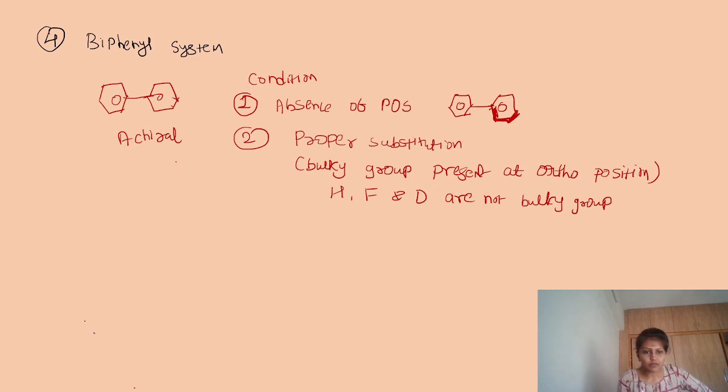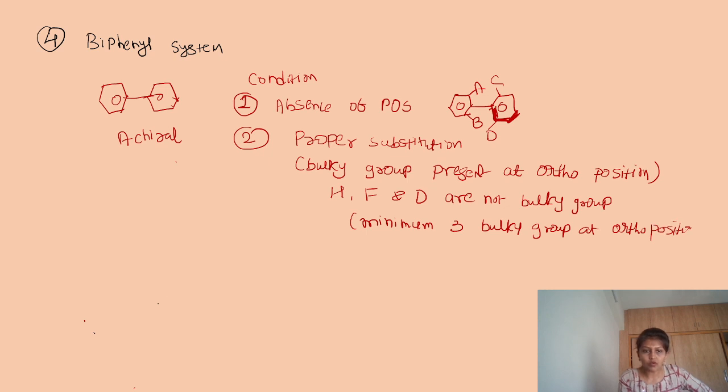suppose I am thinking this is your molecule, right? So suppose this is A, this is B, and this is C, and this is D. So bulky groups are present. Minimum 3 bulky groups must be present. This is very important. Minimum 3 bulky groups at the ortho position, right?